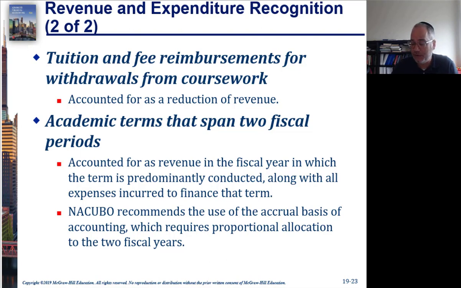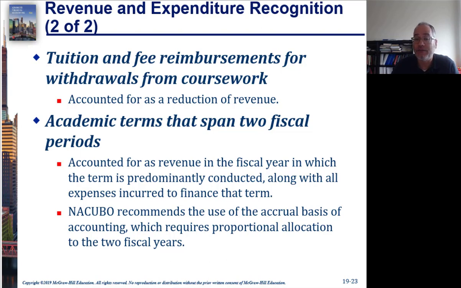So for example, if you have a student who starts the semester and pays full tuition, and then 2 weeks into the semester drops out and gets their tuition money back, then you would still report it gross. Revenue would be at gross less the tuition reimbursement for withdrawal.